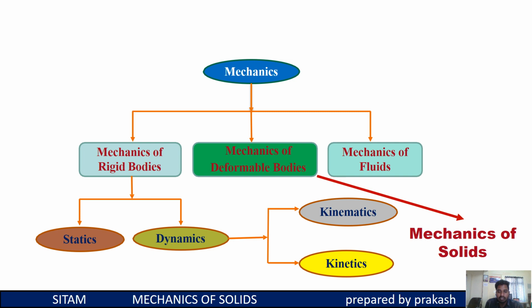In kinetics, we study the bodies in motion considering the forces. The second one is mechanics of deformable bodies. The study of deformable bodies under the action of forces is called mechanics of solids. In this lecture we will discuss mechanics of solids.